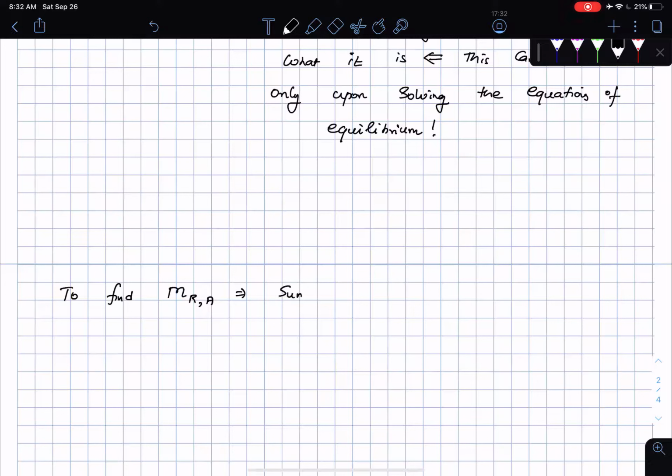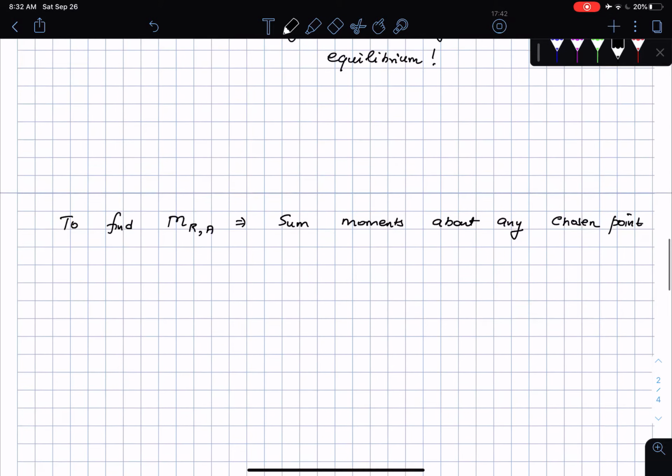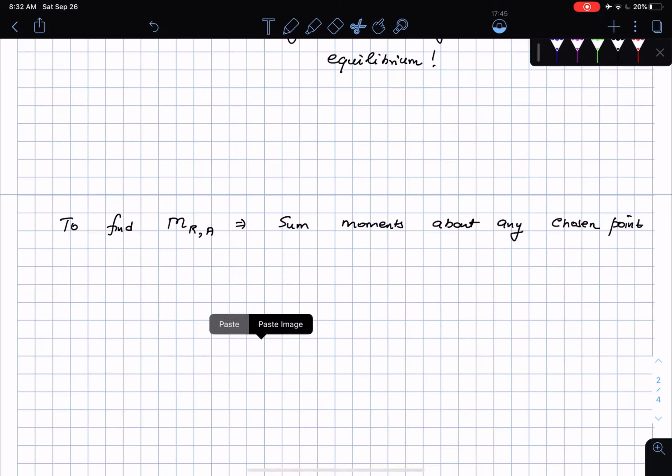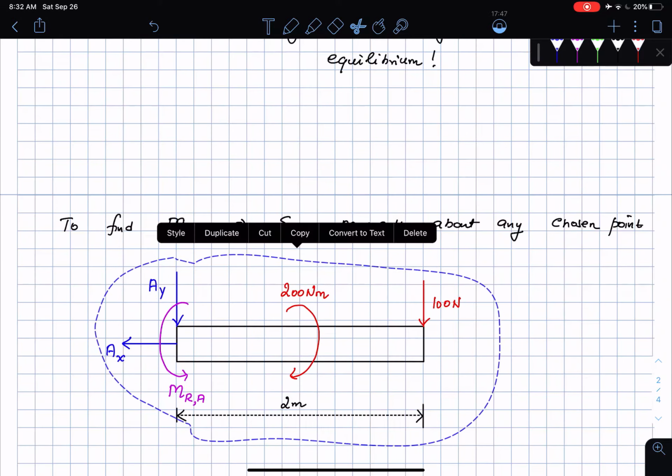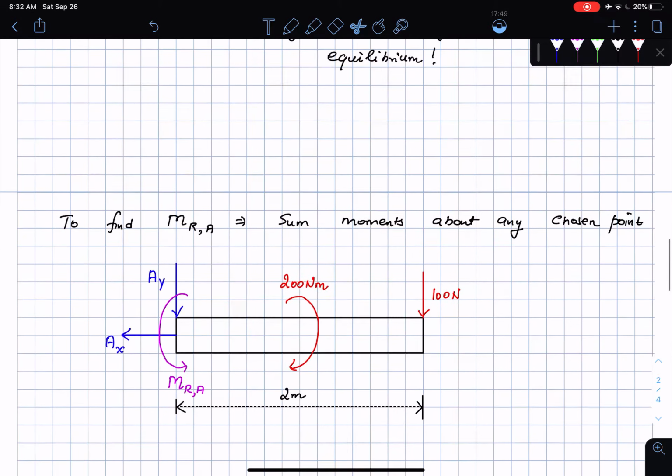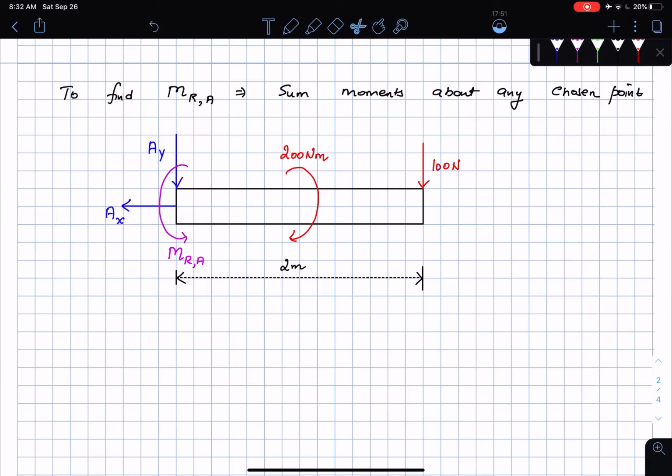We can sum moments about any chosen point. Okay, so let me bring my figure down here. So, and what is a good choice here? You see, a good choice is the point A itself. Okay, so let me choose. I guess that's not what I wanted here.